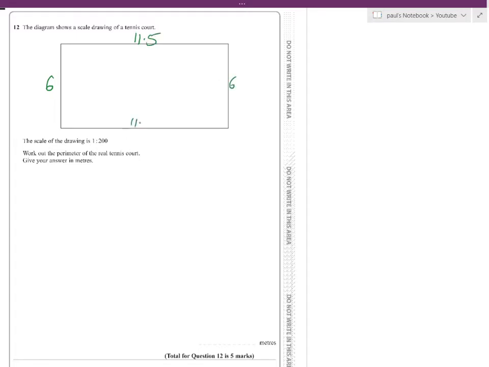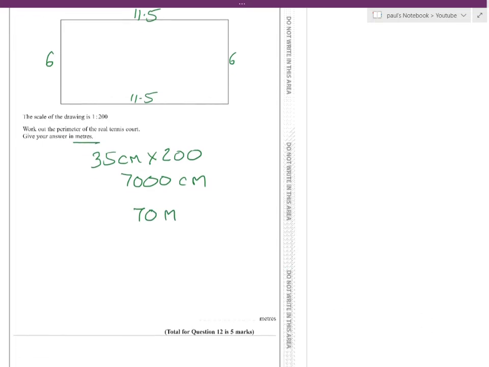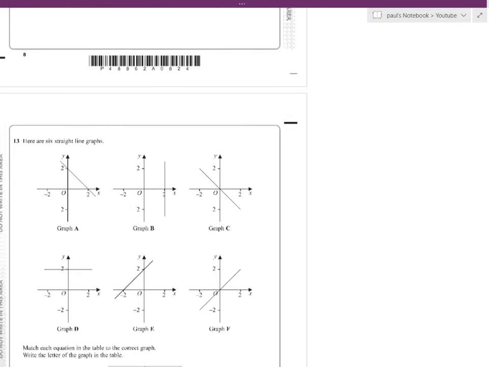So all the way around is 23, and 12 is 35 centimeters, and we'll multiply that by 200. So 35 times 200 is 7,000 centimeters. We've got to have it in meters, so divide by 100, which is 70 meters. Might be a little bit different if you're on a piece of paper.